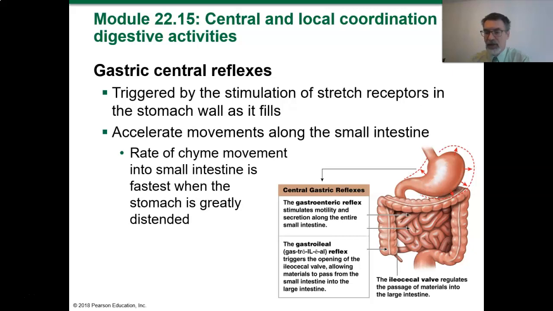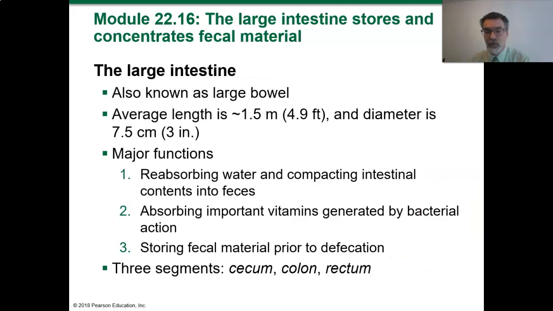So while I've expanded my stomach with all the food I've eaten, that increases all of the gastric activities, but it'll also get the intestines ready as we start dumping chyme into them, so that we can mix that chyme up with those digestive enzymes, the pancreas and the bile, to help with nutrient digestion, because we still got to do more nutrient digestion in the small intestines. All right, so those are all important parts of the small intestines.